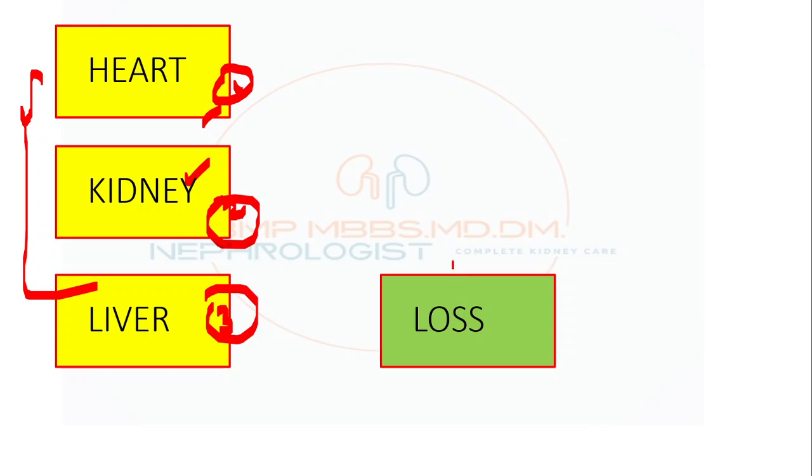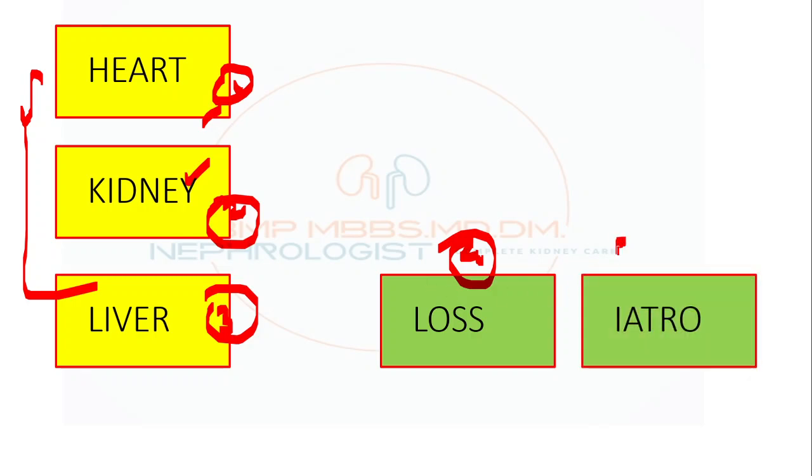Apart from this, there might be loss of water from the body, or iatrogenically excessive fluid might be given, as in the wards where excessive IV fluid might have been given for a patient who might not require that much.